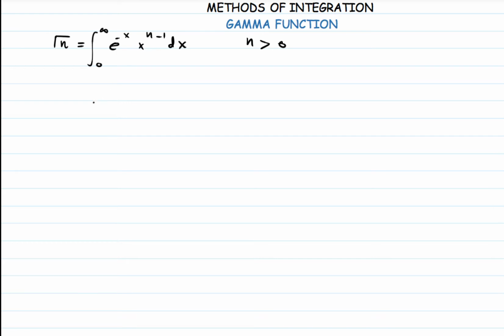Now, the gamma function can be expressed in this way, but it can also be expressed in a different way. For example, say we want to make a different consideration. Take x is equal to t squared, right? So this means that the derivative of x is equal to 2t dt.